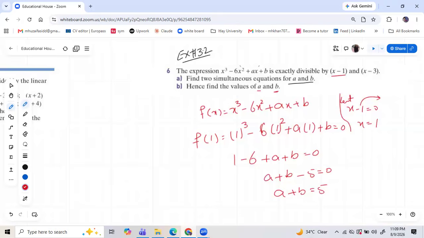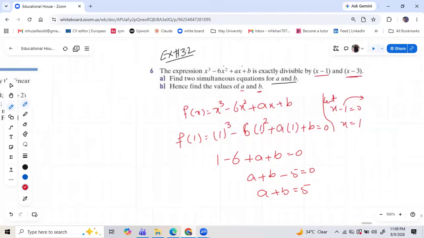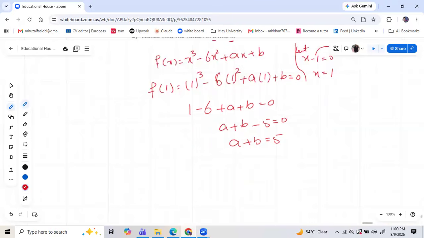Okay, so our target is finding the simultaneous equations for a and b. Now we work with the divisor x minus 3. Let x minus 3 be equal to 0. It moves to the other side and gives us x is equal to 3.